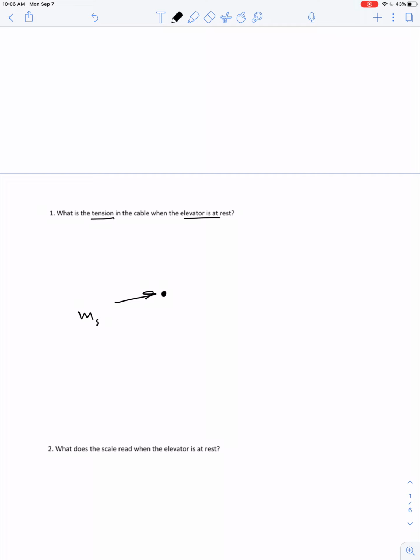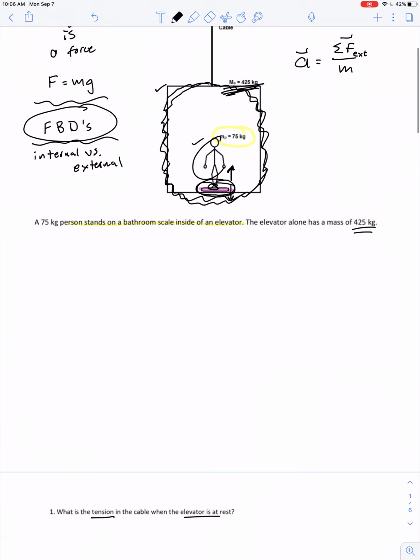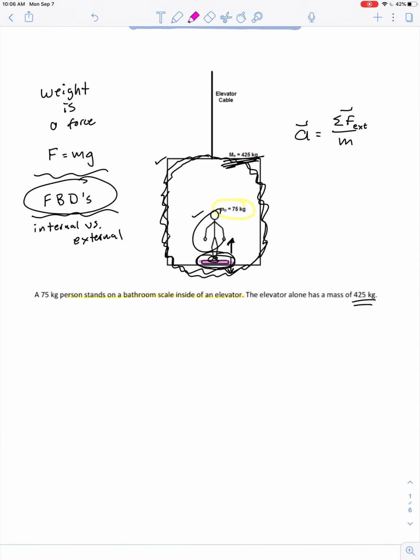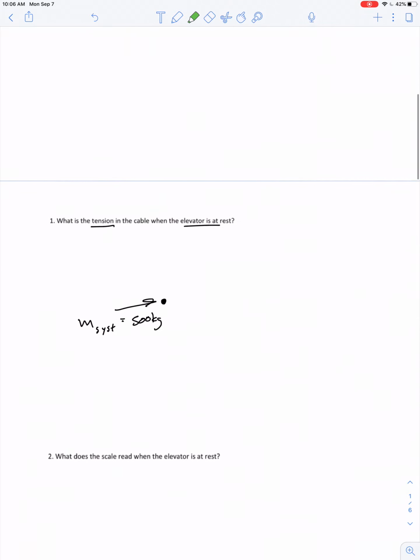The mass is the mass of the whole system, which you can easily convince yourself is 500 kilograms if you add their individual masses together. So what forces are external to that compound system of the person in the elevator? Well, there's the cable that pulls up. And then, of course, there's gravity pulling down on the whole system.